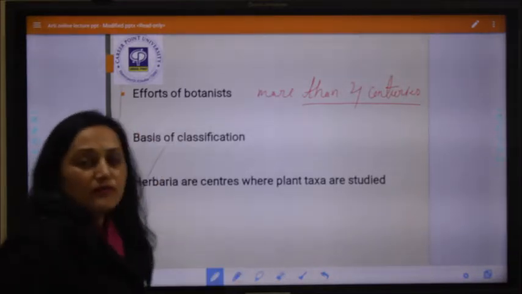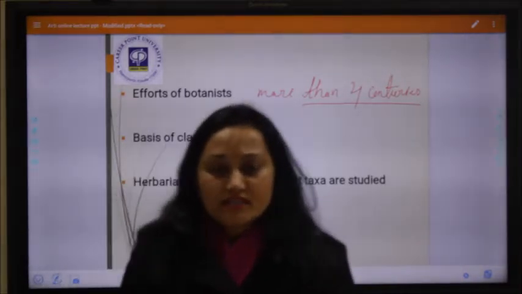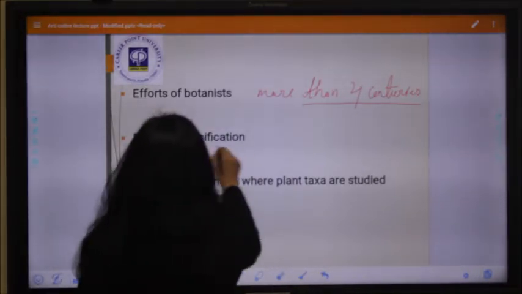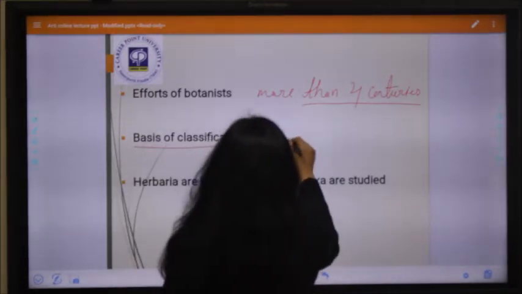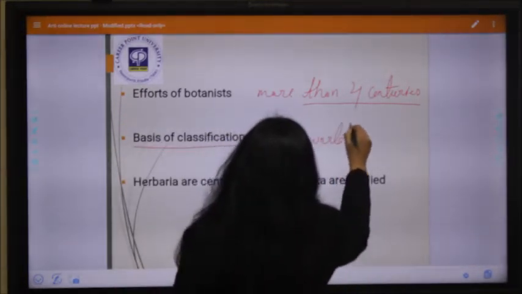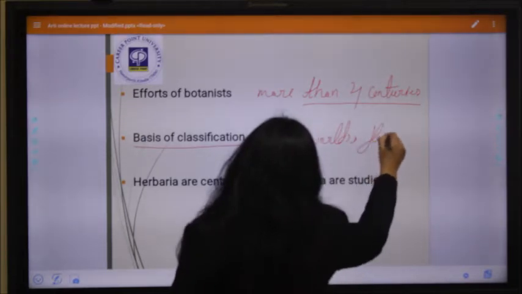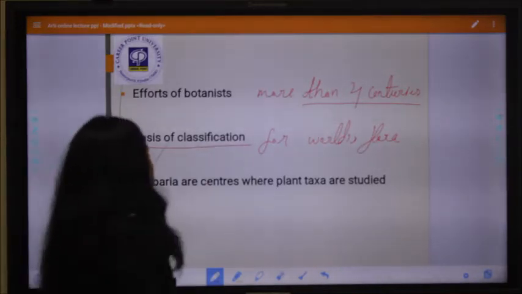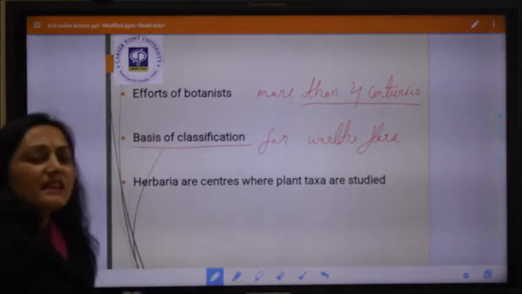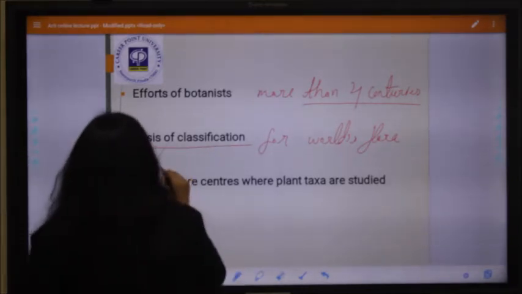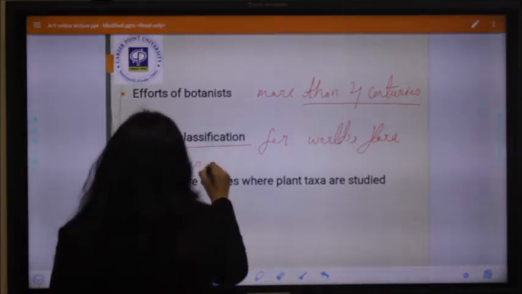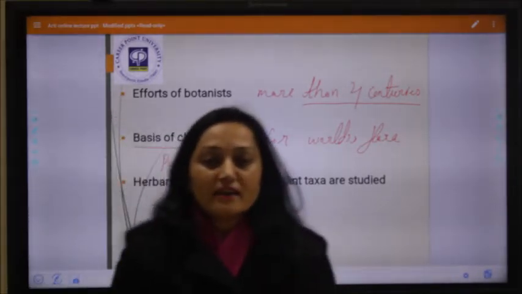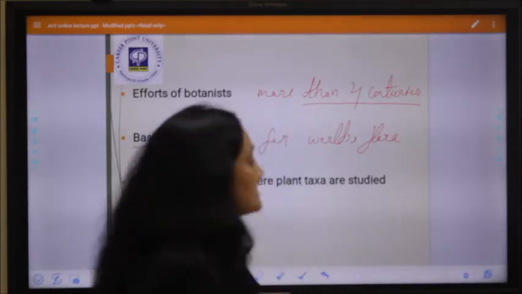The material of herbarium and the information associated with it serves as the basis of classification for the world's flora. And herbarium is a reservoir of facts about plants.